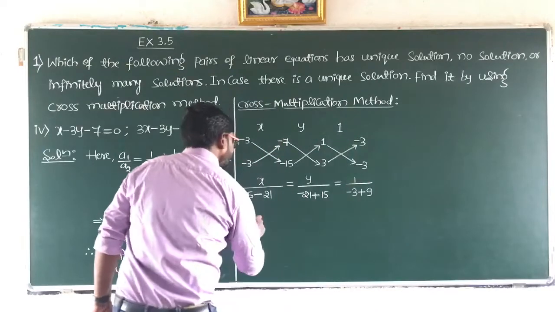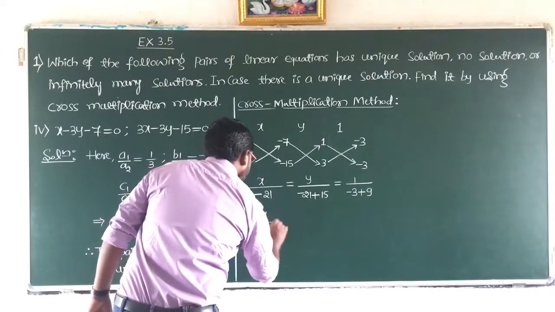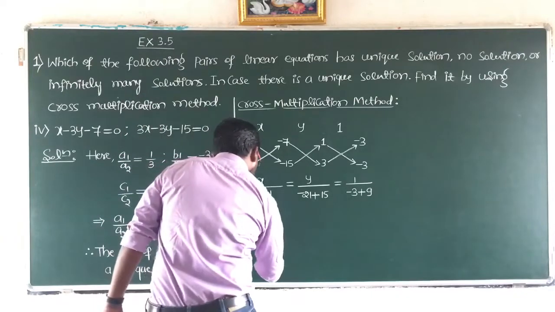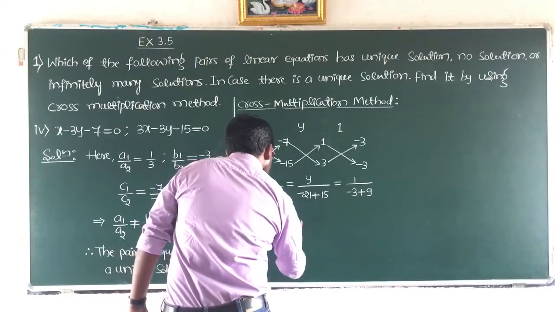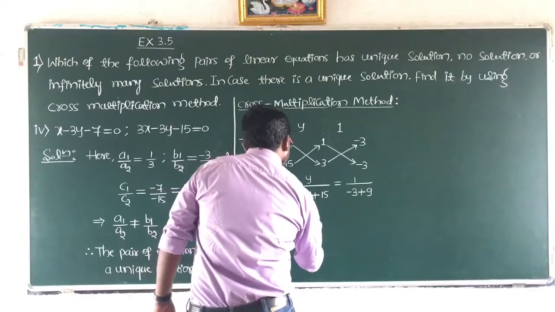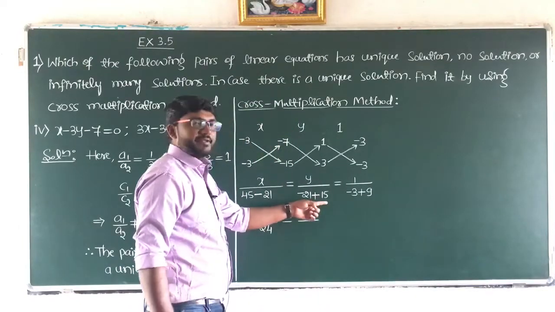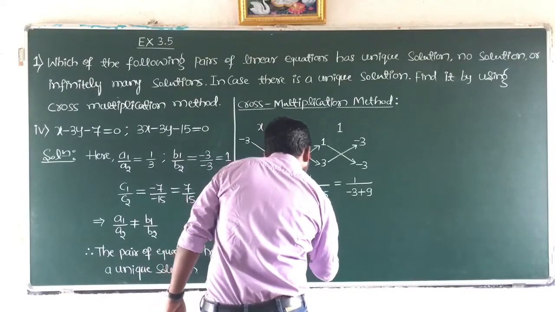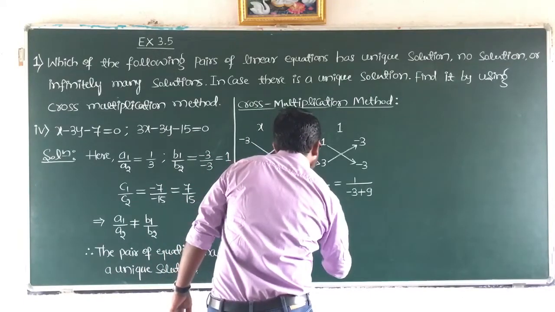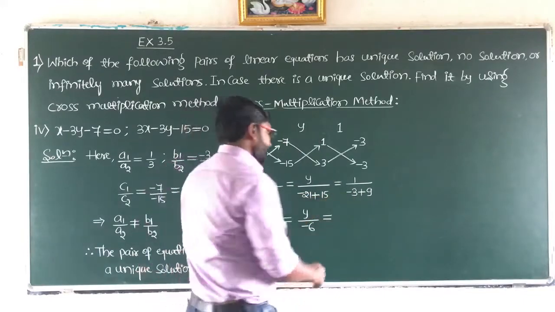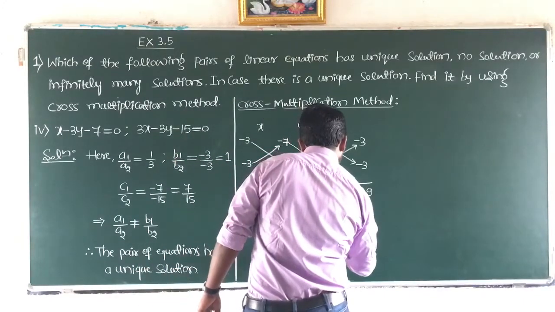So we will simplify this further. x divided by 45 minus 21 will be 24, which is equal to y divided by minus 21 plus 15 will be minus 6, which is equal to 1 divided by 9 minus 3 will be 6. So 1 divided by 6.